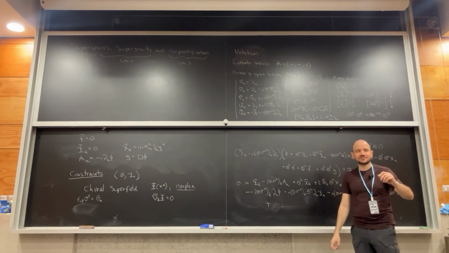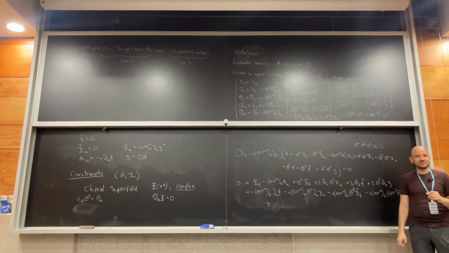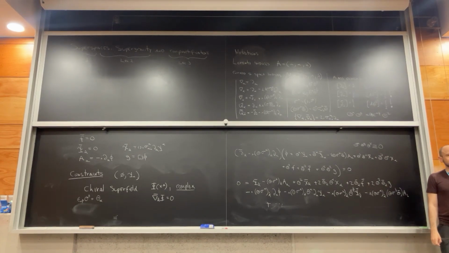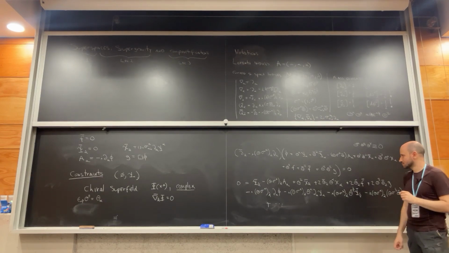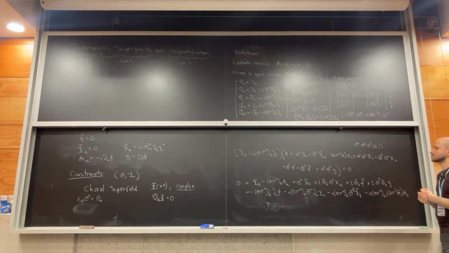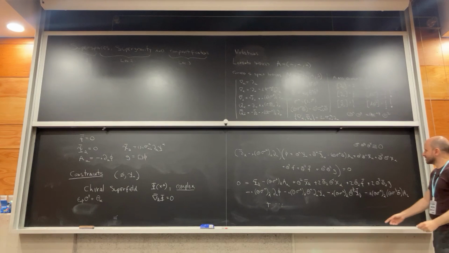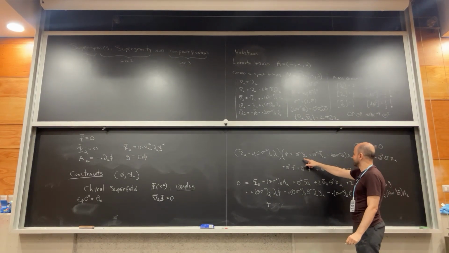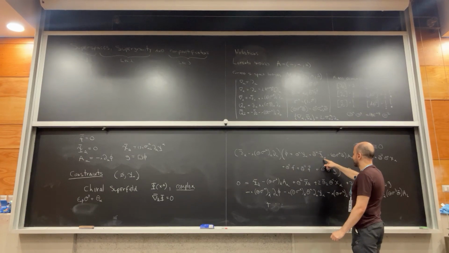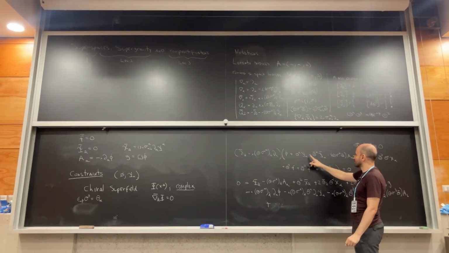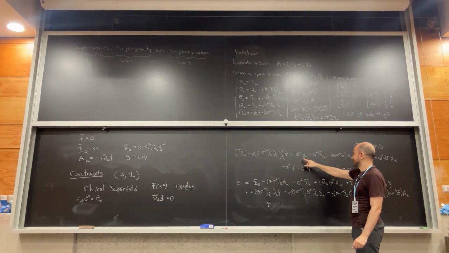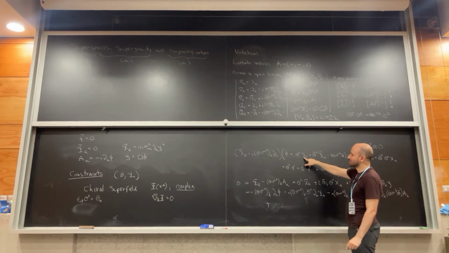Is it clear why this is happening? The reason that I didn't want to relate this psi bar with this psi is because if they are complex conjugates to each other, if this is 0, this is also going to be 0.